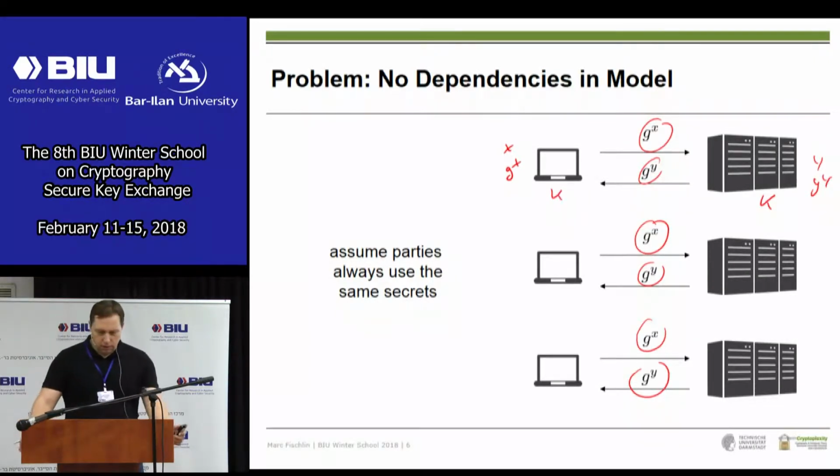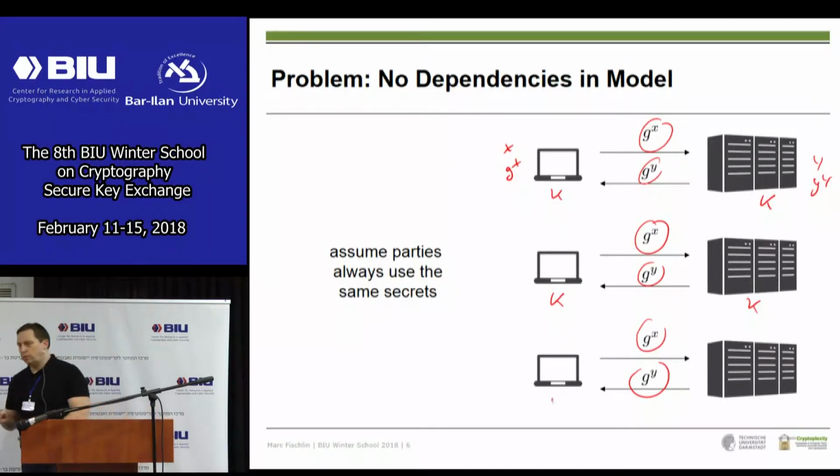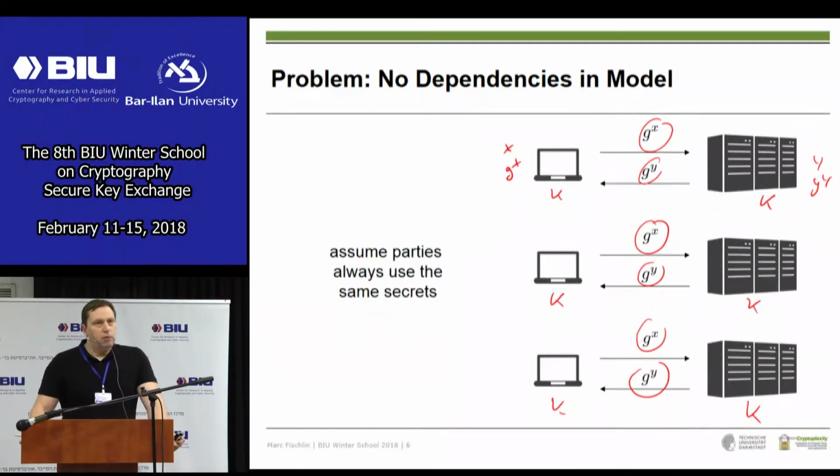Okay, so let's say we're fine with this model. Let's say, okay, looks good, I see a transcript, and I'm not supposed to compute any bit about the key. So let's say you have a protocol where both parties actually use static Diffie-Hellman keys. They have built in some x and some g to the x, and every time they want to do a key exchange, they will just resend the same g to the x.